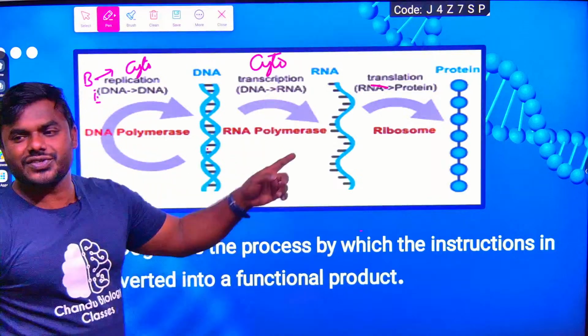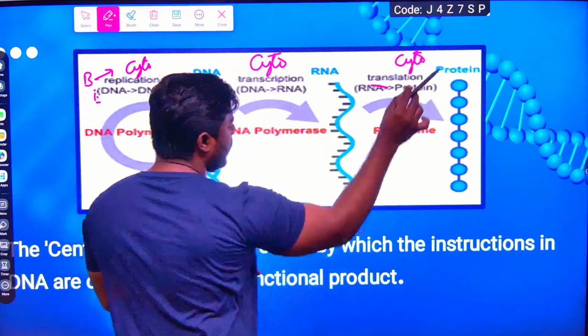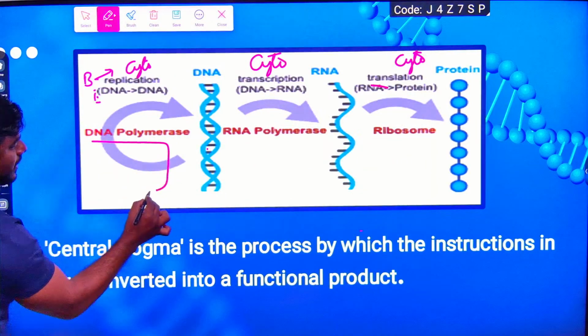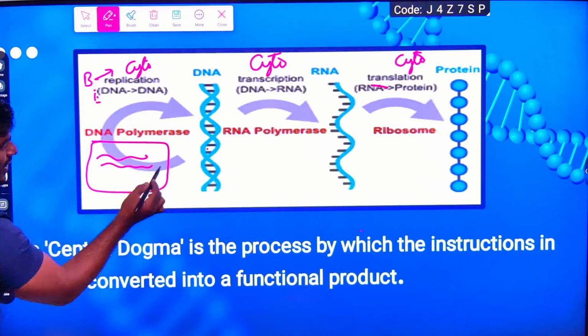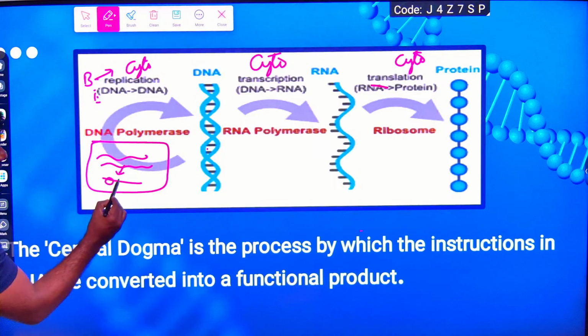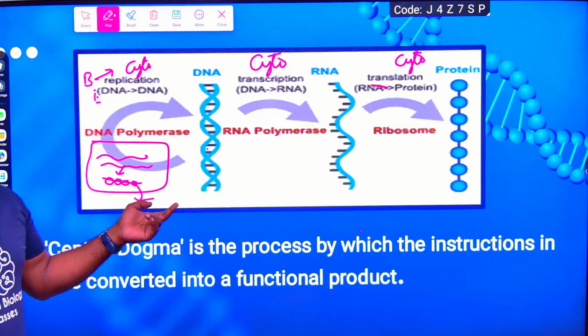Correct, na? Translation, obviously in the cytoplasm. No doubt. Let's consider this is a bacterium. DNA is getting replicated, RNA is getting synthesized, immediately ribosomes will come and synthesize the protein. That's all. Everything is happening in the cytoplasm.